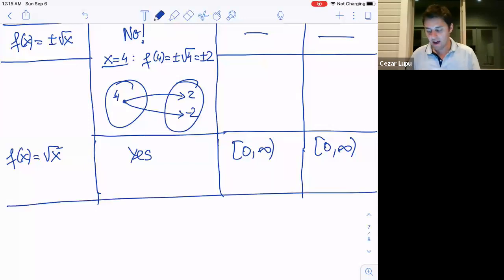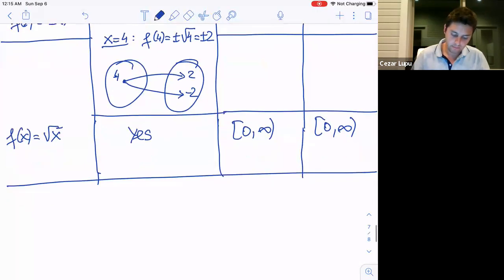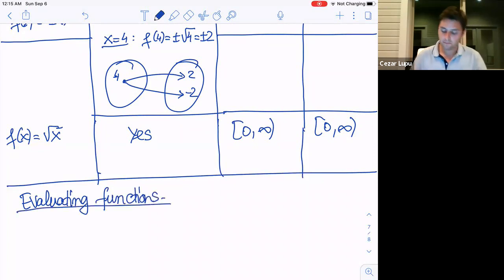Now we would like to see something a little bit more. We would like to evaluate some functions at some particular values. So let's talk about evaluating functions. Let me take some examples. Evaluating a function, what does this actually mean?